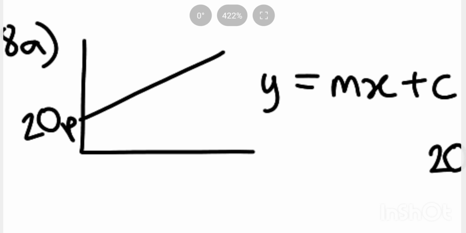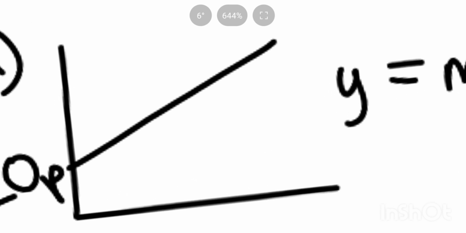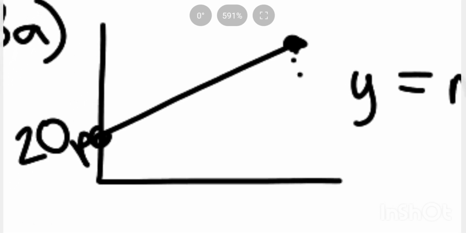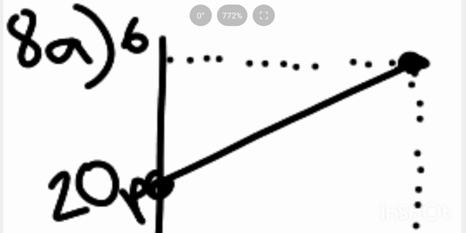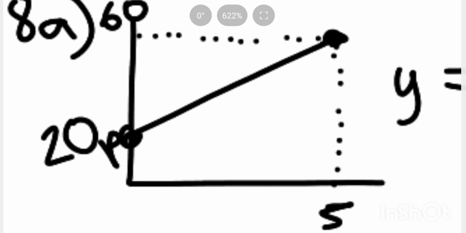So to work out the gradient, you need 2 data points. So we'll go for the highest and the lowest. The x value of this highest point is 5 minutes, and the y value is 60 pence. And then we already have the y-intercept.